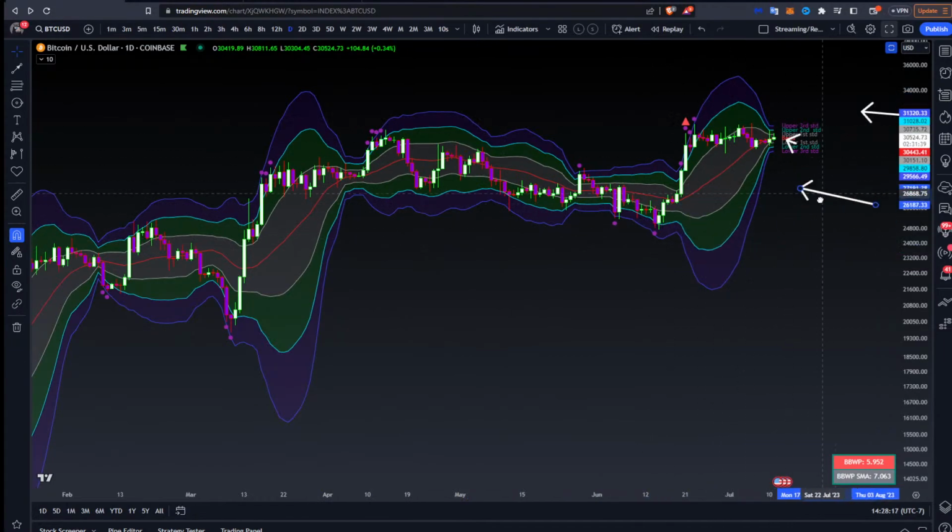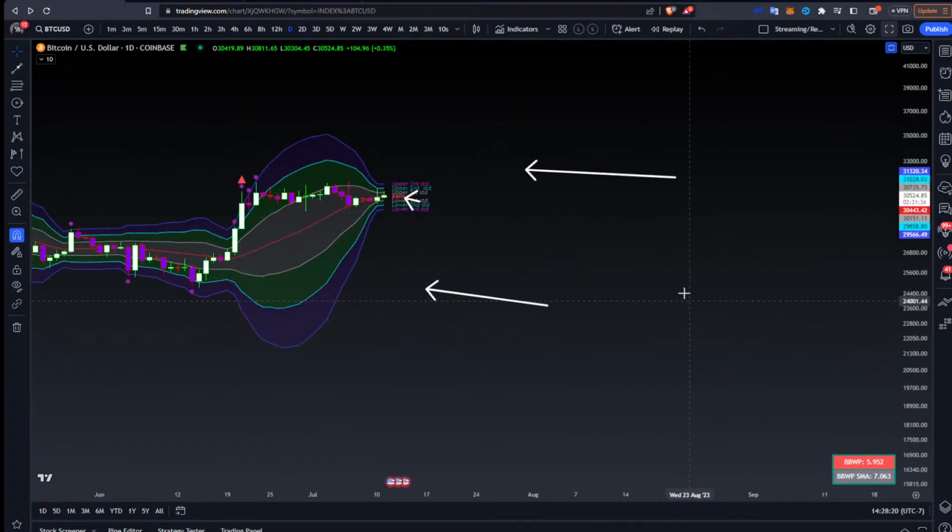And then we had the lower side reversal. Now we're just consolidating.